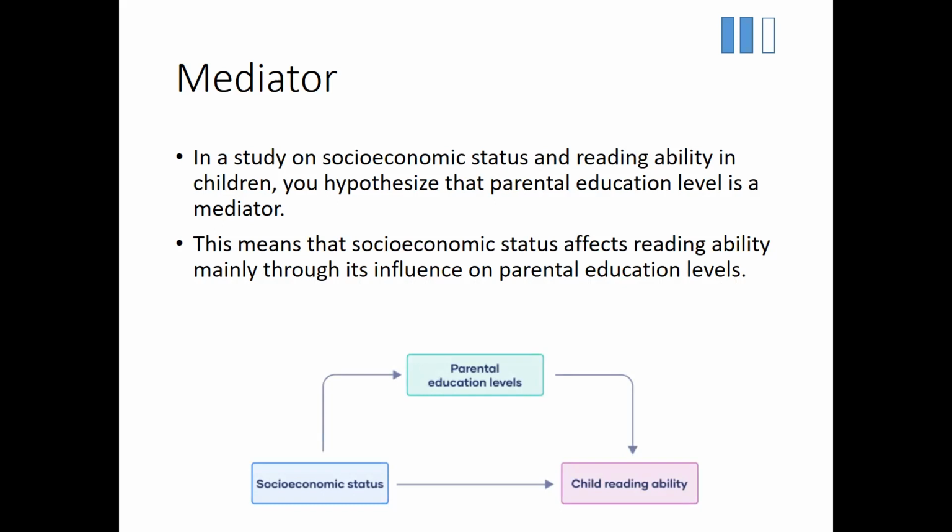So let's say we've got a student from a mid-level socioeconomic status, but the parent's education level is not very high. Then we're saying that will have an influence on the child's reading ability above and beyond just accounting for socioeconomic status.